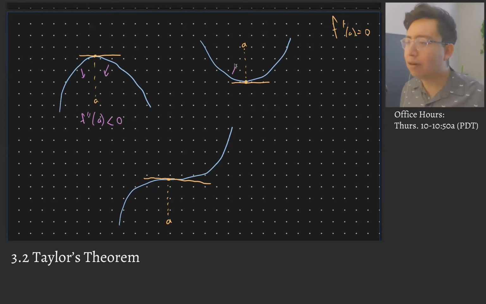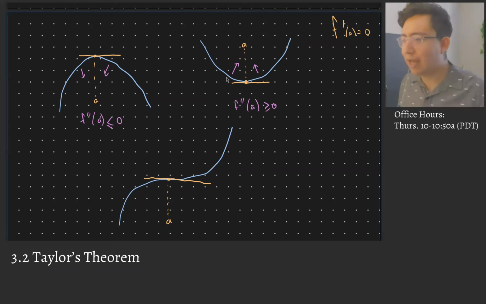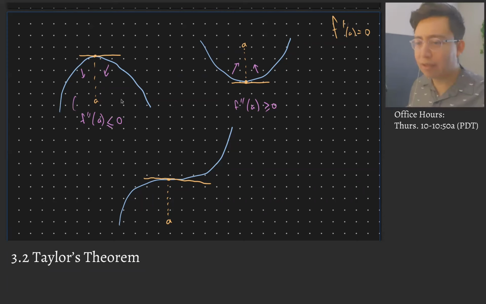Now over here, we get concave up, and so f double prime of a is strictly positive, or maybe I should say greater than or equal to, because at that point it's going to be equal to. But basically all around a, on this whole little neighborhood of a, we had this happening.